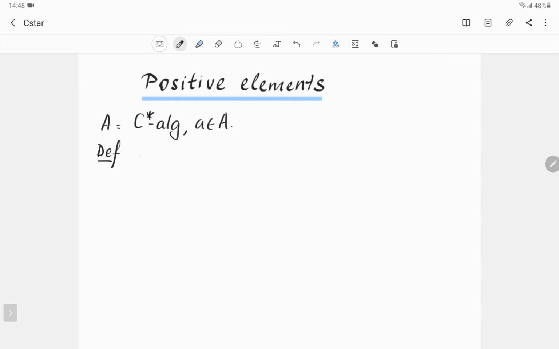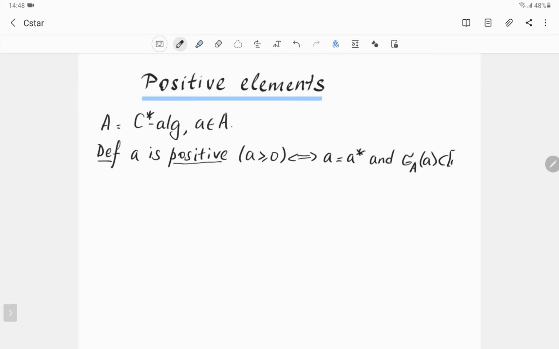We say that our element is positive and write the following symbol if it is self-adjoint, and if the spectrum of this element is non-negative. Well, formally, we don't assume that A is unital, so we must take the non-unital spectrum here.